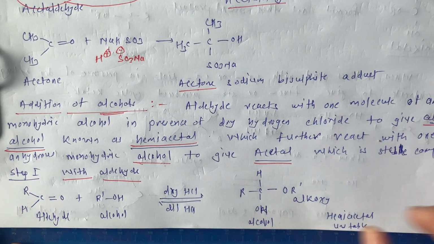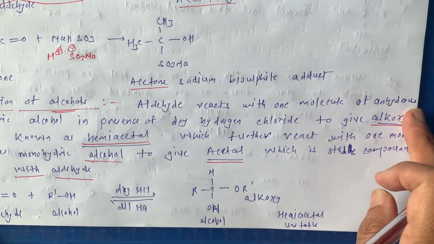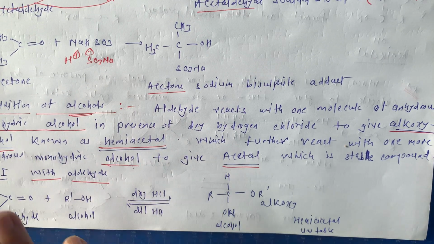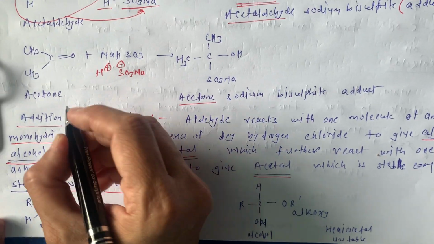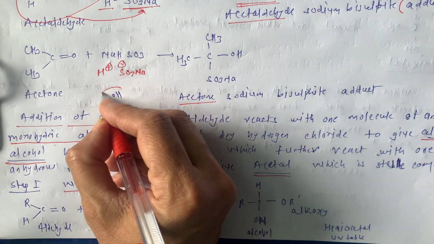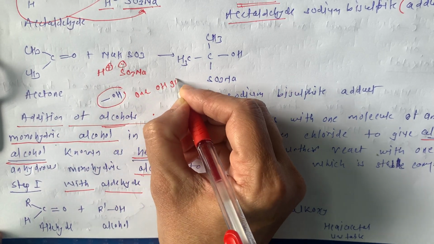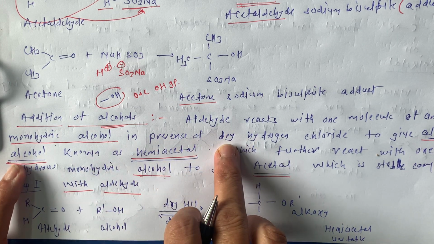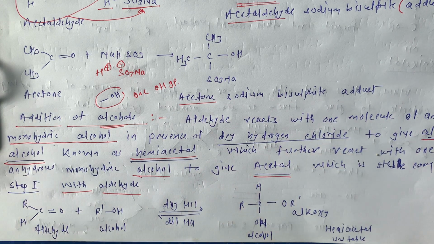Now what is this? An aldehyde reacts with one molecule of anhydrous monohydric alcohol. What do you mean by monohydric alcohol? When there is just a single OH. Monohydric means one OH group, in the presence of dry hydrogen chloride. This is also something new for us.